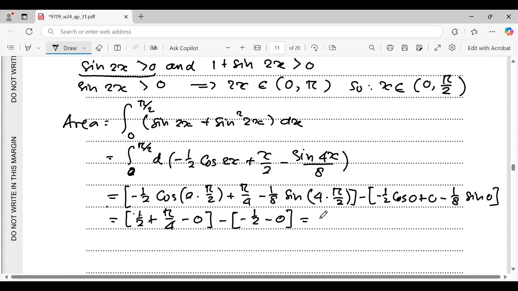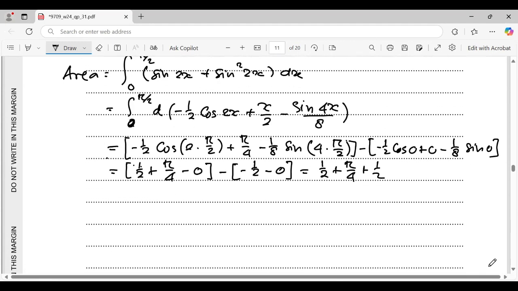So it becomes 1/2 plus pi quarter, plus 1/2. So the result, 1/2 plus 1/2 is 1, plus pi quarter. This is the result.